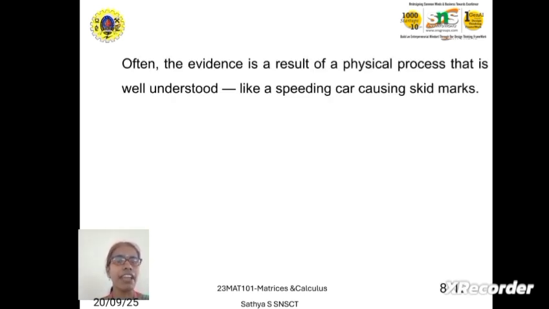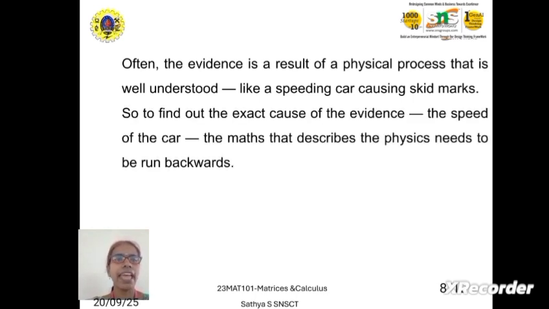Often the evidence is a result of a physical process that should be understood, like a speeding car causing skid marks. To find out the exact cause of this evidence, the speed of the car, the math that describes the physics needs to run backwards. This is called solving an inverse problem. So inversely we are doing the process, right?